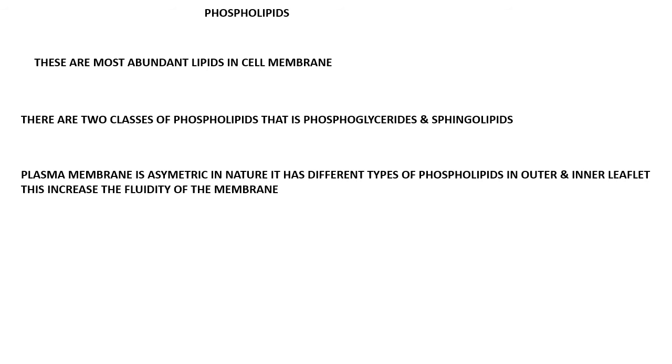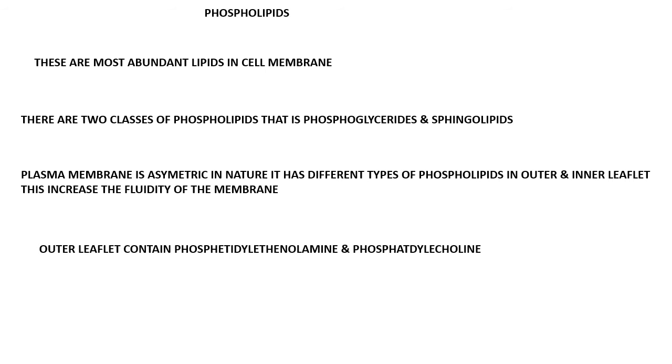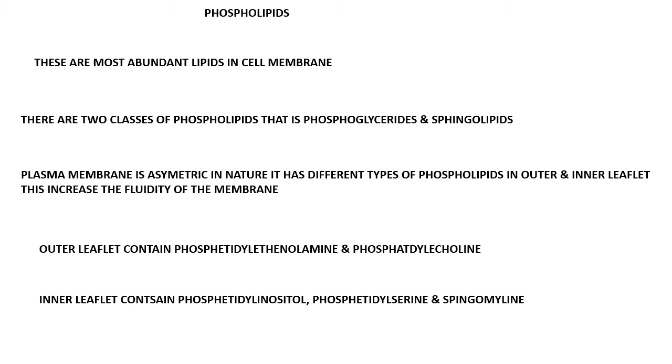It has different types of phospholipid in outer and inner leaflet. This increases the fluidity of the membrane. Outer leaflet contains phosphatidylethanolamine and phosphatidylcholine, while inner leaflet contains phosphatidylinositol or phosphatidylserine and sphingomyelin.